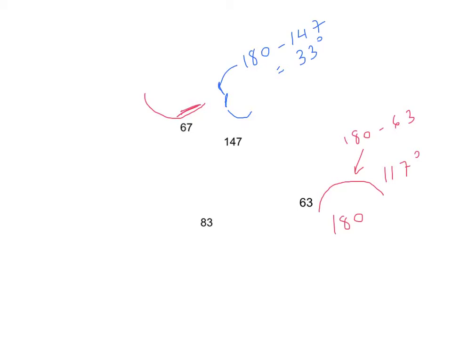A is 67 degrees. So W is going to be 180 take away 67, 113 degrees. And X is going to be, by the same process, 97 degrees. And that's how we figure out the exterior angles of this polygon, given that we have the interior angles.